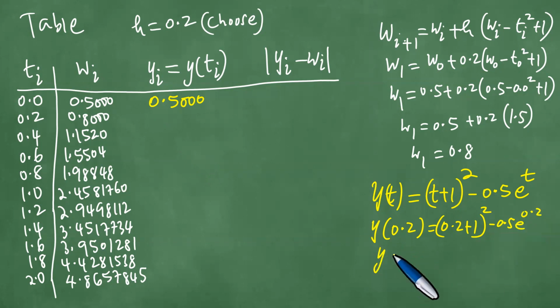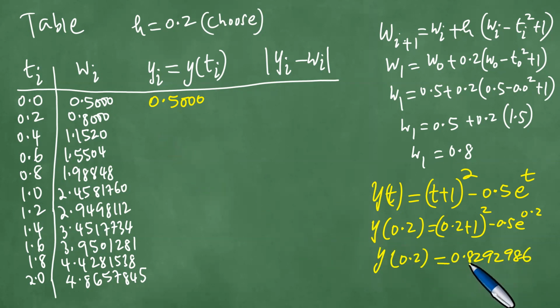Okay, so obviously, if you look at this particular one, you're going to use a calculator for this. But if you use a calculator, what you're getting is 0.8292986.